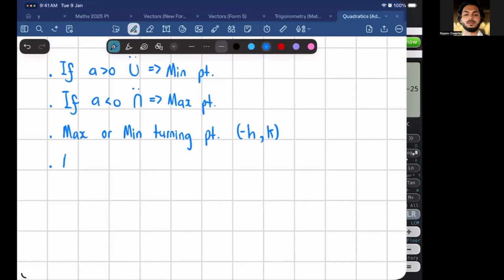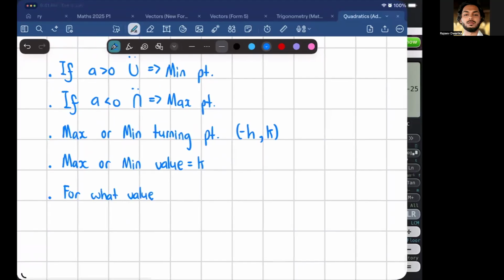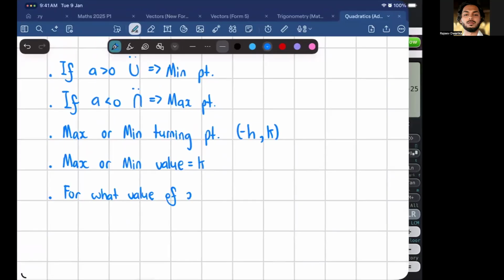What if they ask you for the maximum or the minimum value? That would be the k value, equal to k. Caleb, what if I asked you for what value of x does the maximum or minimum occur?